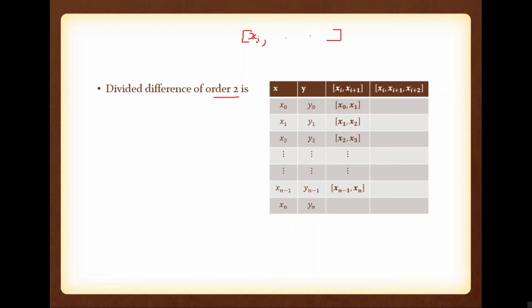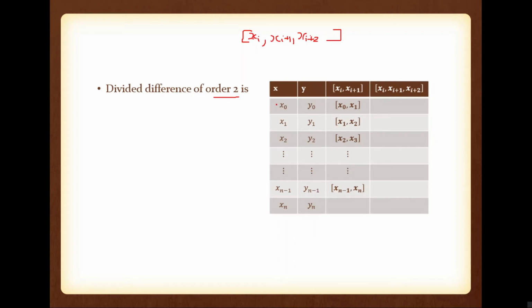We need the adjacent elements: xi+1 and xi+2. So please note, divided difference of order 2 is represented in square brackets as [xi, xi+1, xi+2], where xi+1, xi+2 are the adjacent data. Is it clear?